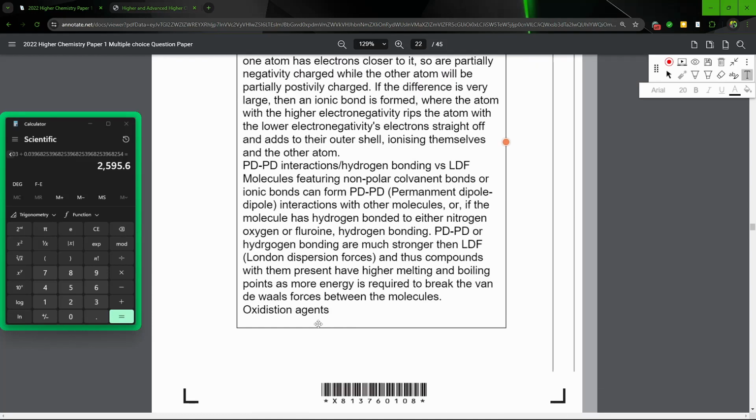Yeah, probably a bit more we can talk about there, but let's move on to oxidation agents.